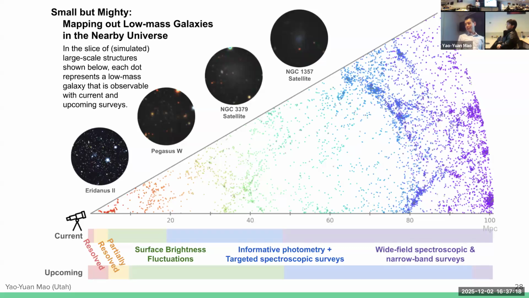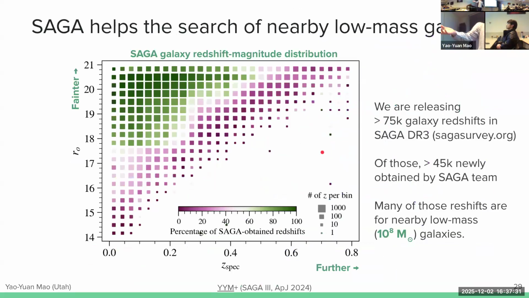Okay, I think I'm almost out of time, but let me use a few more minutes to talk about this region. Let's come back to the unresolved region and talk about what we can do in the future to find those things. I told you that SAGA spent a lot of our spectra, the redshifts, on things that are not satellites, but they are not completely wasted.